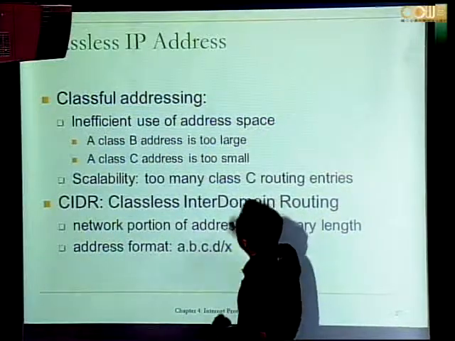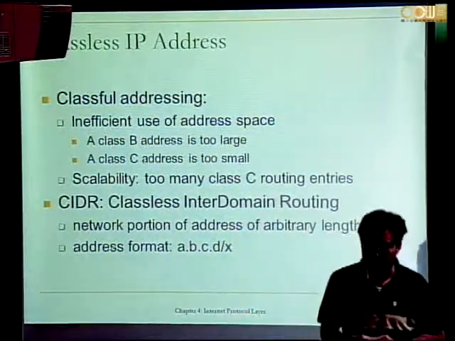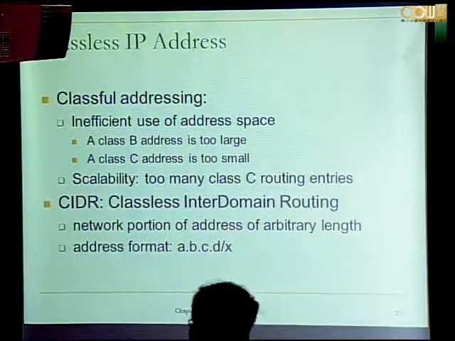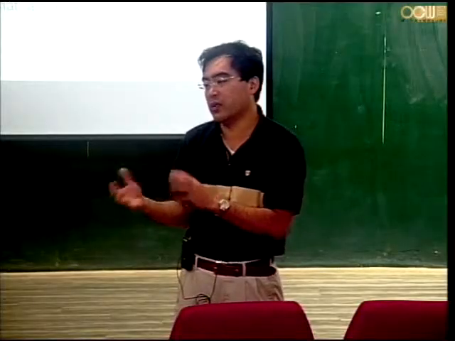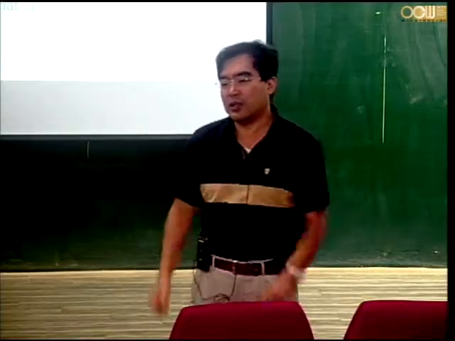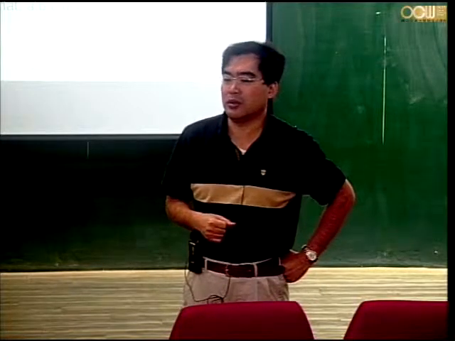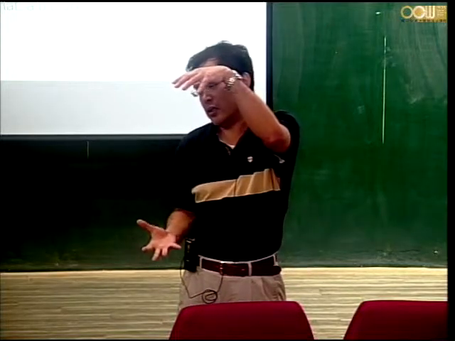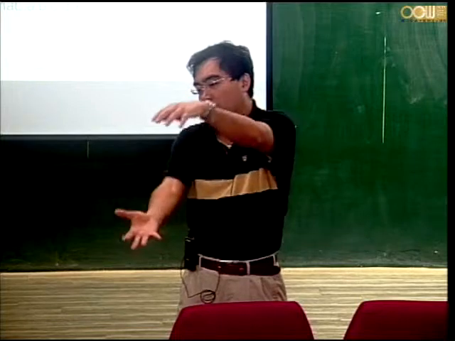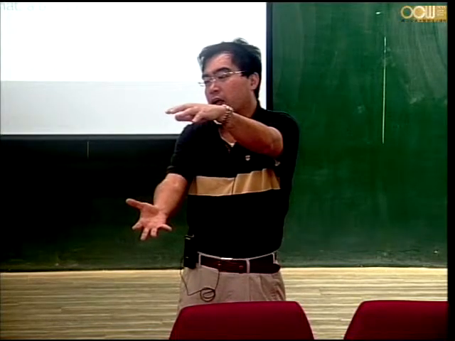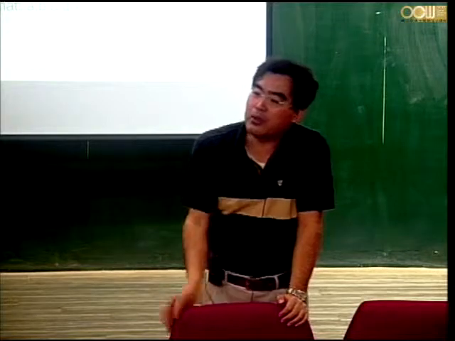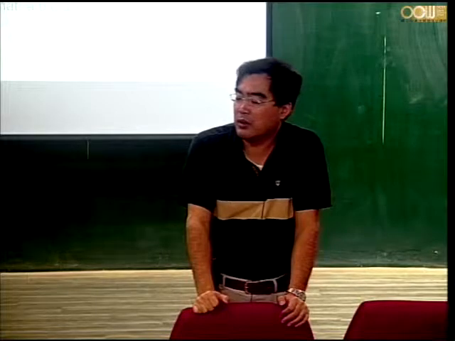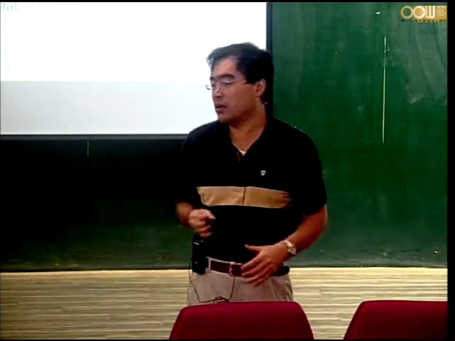So when we allocate Class C networks, what the NIC wants to do is allocate consecutive Class C networks together. Say, I give you 16 Class C networks, in consecutive blocks. When I allocate this to you, it would only increase one routing table entry worldwide in the backbone routers, instead of 16 routing table entries.